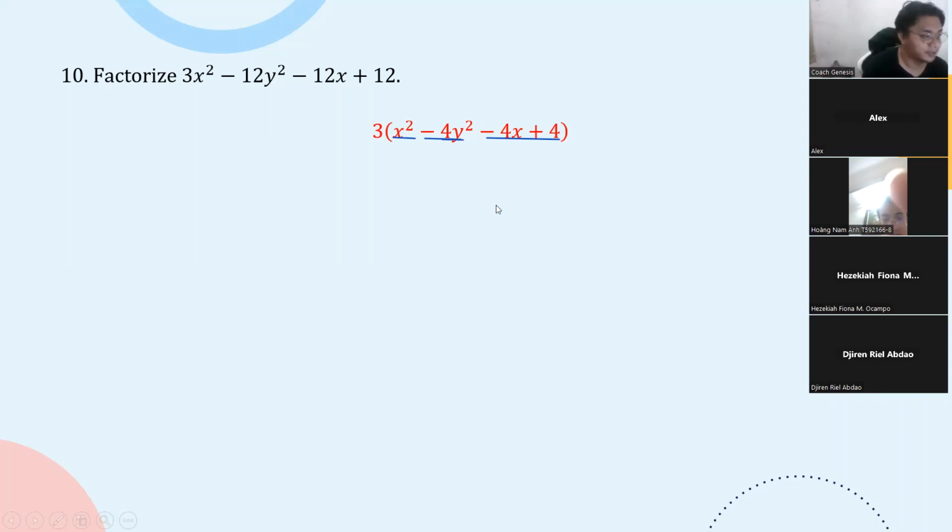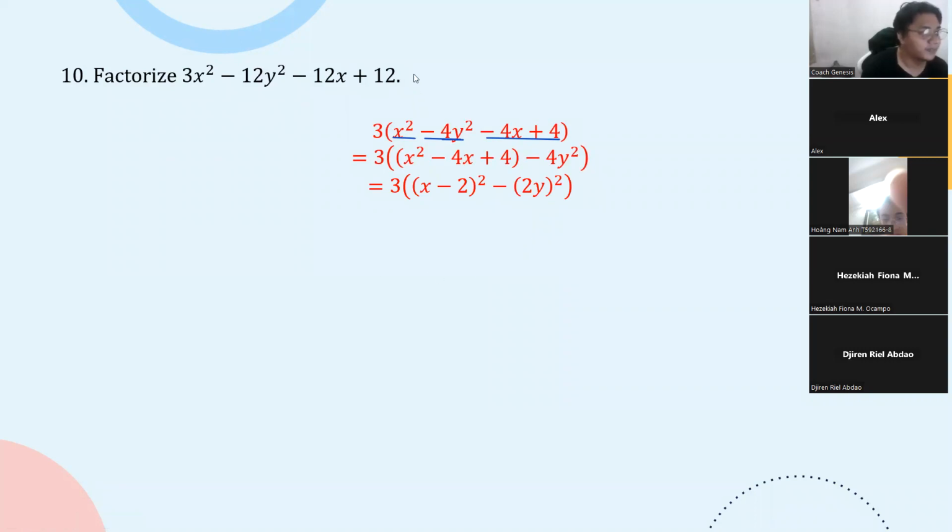So that means you will later have a difference of 2 squares. So that becomes 3 multiplied to x squared minus 4x plus 4 minus 4y squared, which can then be expressed as x minus 2 quantity squared minus 2y raised to 2.